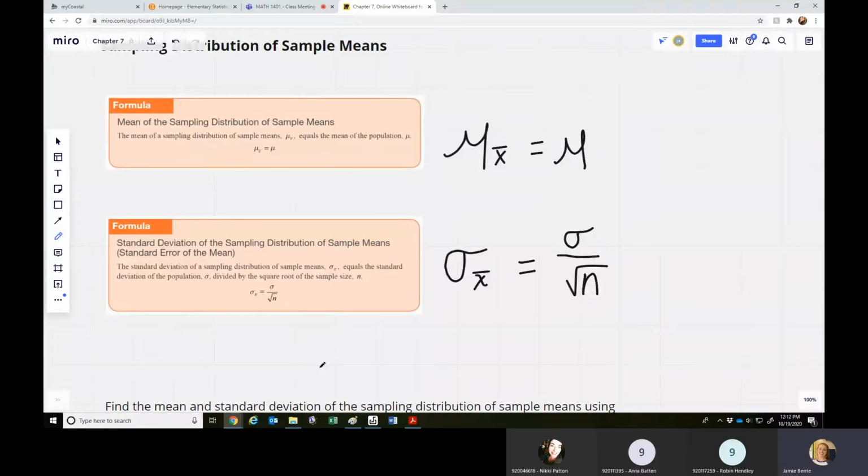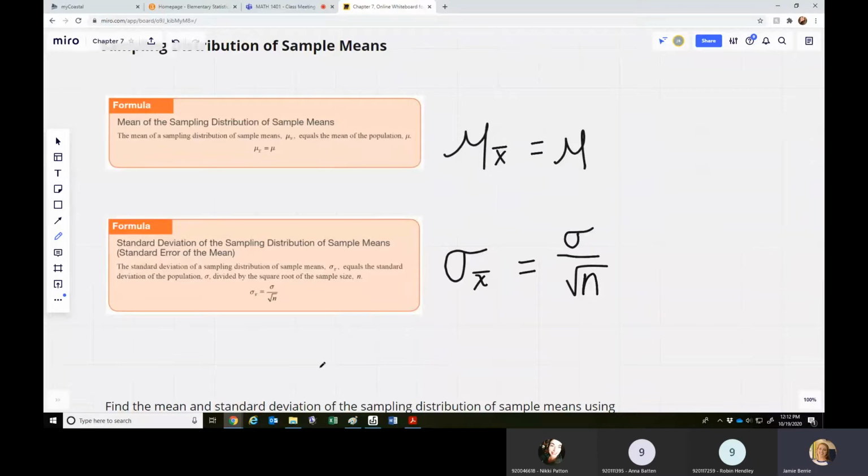So dividing by something like the square root of 1,000 is going to make the standard deviation smaller. When you divide by a large number, it's going to make that number a lot smaller. So this sort of, I don't want to say penalize, because it's really the opposite of penalizing. It's like rewarding you for taking a larger sample.